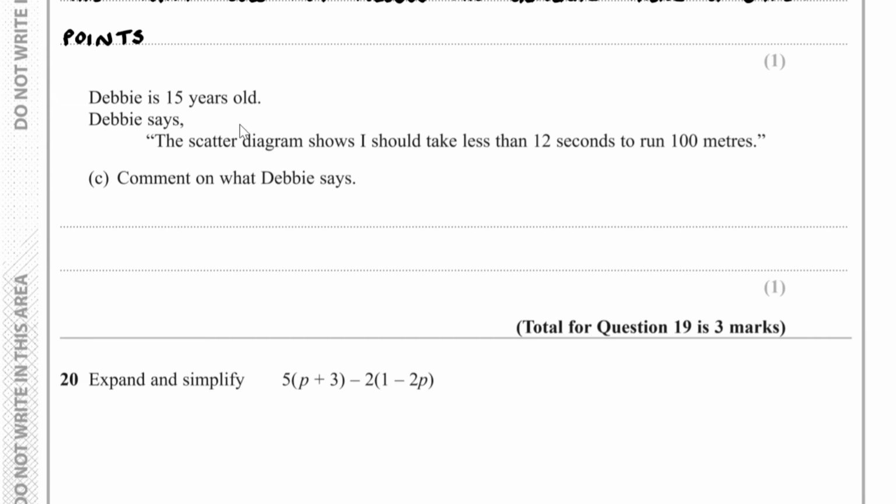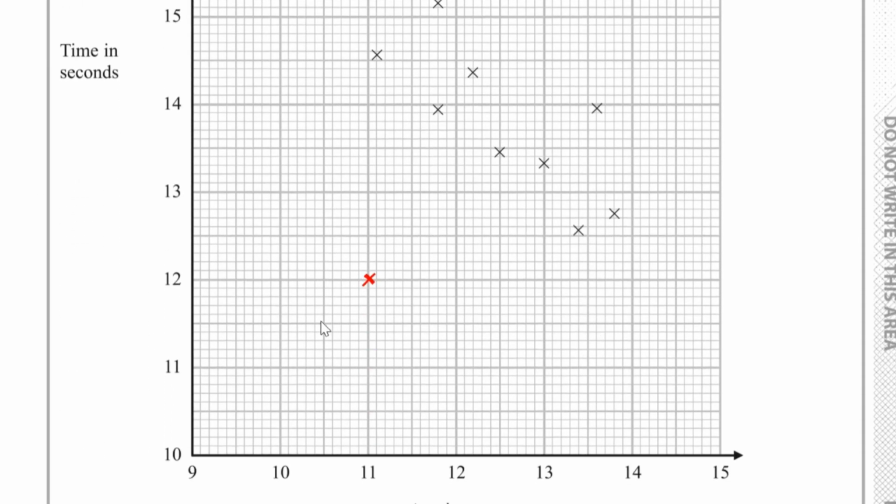Now, for the next part, Debbie is 15 years old, and Debbie says the scatter diagram shows she should take less than 12 seconds to run 100 meters, and we have to comment on what Debbie says. Well, 15 years old.